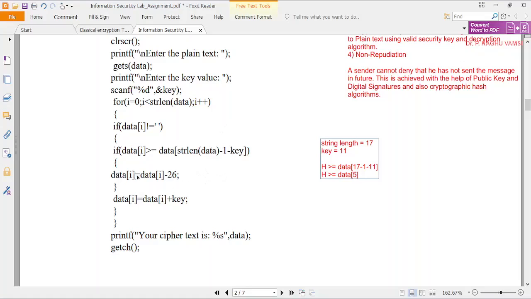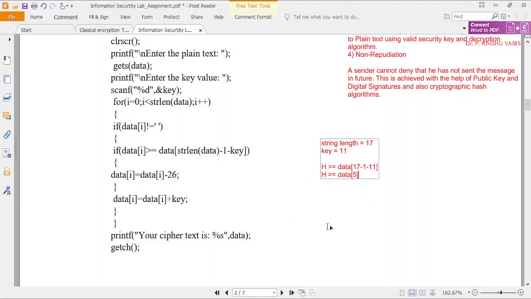Then data of i, that is data of 0, H, is equal to H minus 26, that is the ASCII value of H minus 26. Whatever is there, that is the character that will be placed in place of data of i. So H may be an ASCII character.